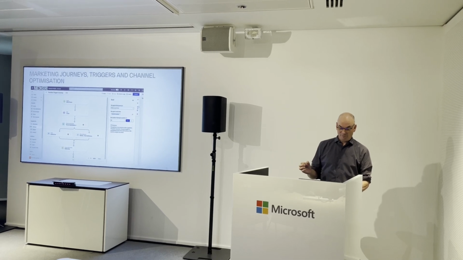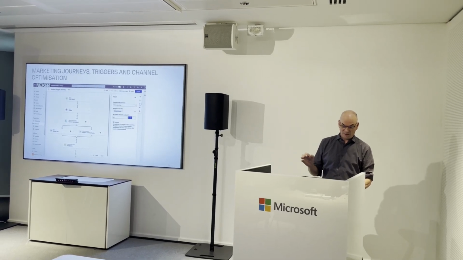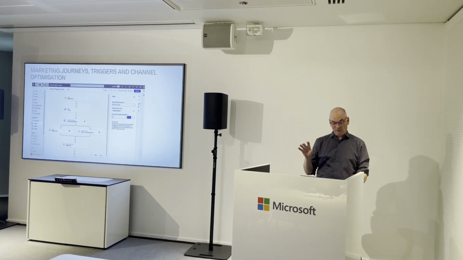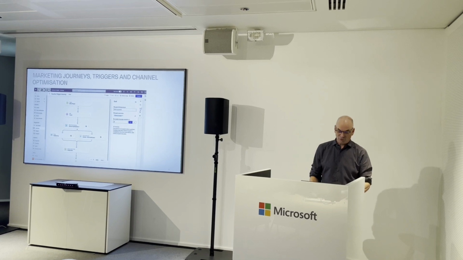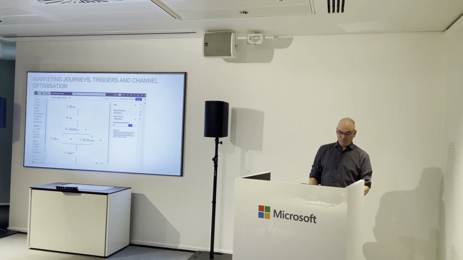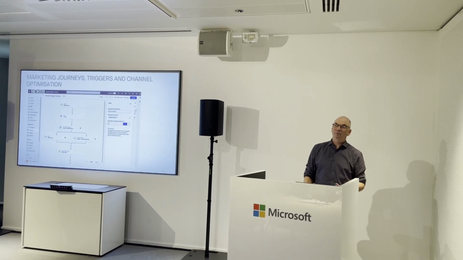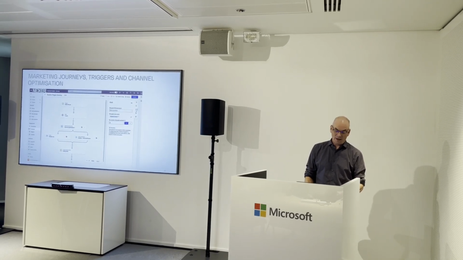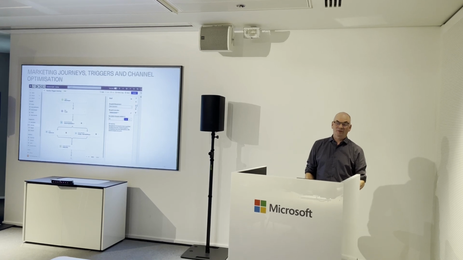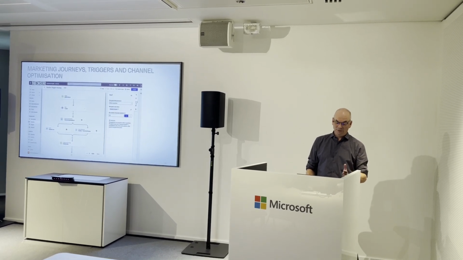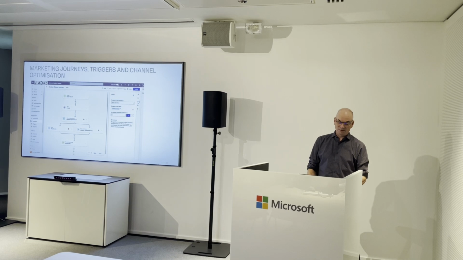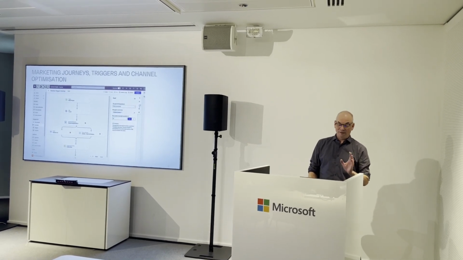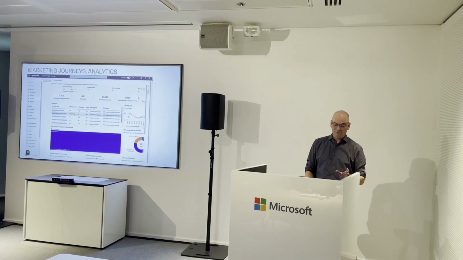So we have triggers now and channel optimization, and you can see on the left we've got a map of how the marketing journey is being built based on triggers. It's a very powerful move over to more dynamic marketing, which is where Microsoft is a little bit ahead of the game compared to some of the other marketing applications out there, because the dynamic journey can effectively be run in real time, virtually in real time.